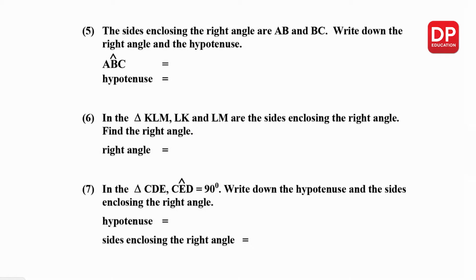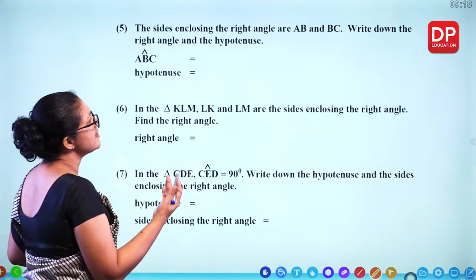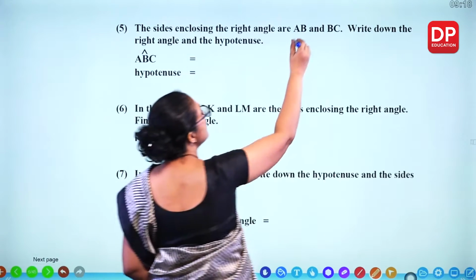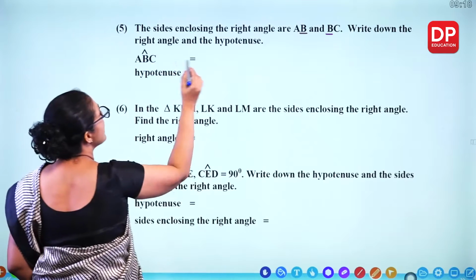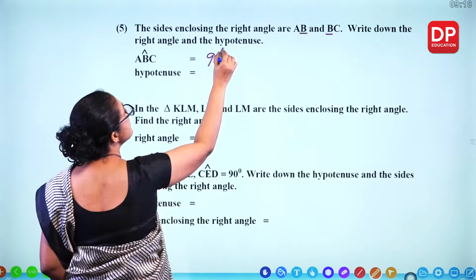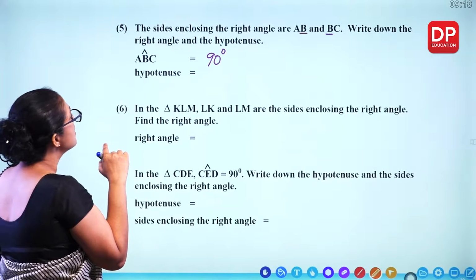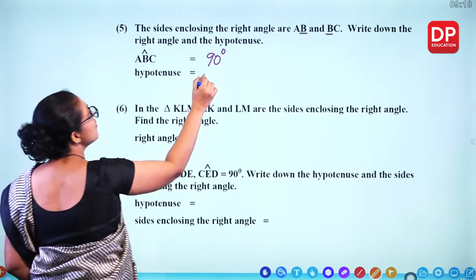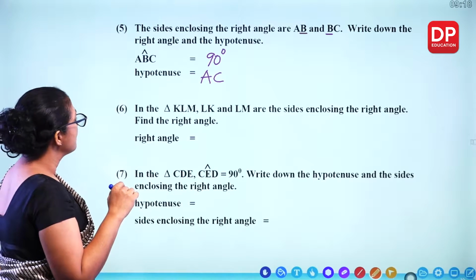Now the other way around, two sides are given. So how do you identify the 90-degree angle? That's the common letter. So B angle is 90 degrees. B angle 90 means we know that AC is the hypotenuse.